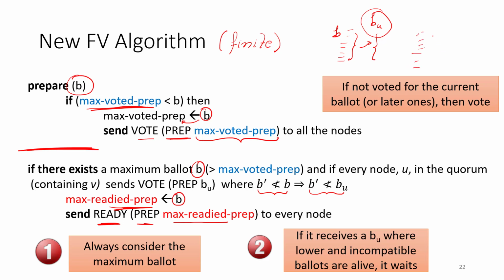Which means if my current round number is 10, I'll not consider any other round number between 1 and 10, but only something which is higher. Furthermore, if I receive a value of BU where lower and incompatible ballots are alive, then it clearly cannot be prepared. So I will wait, right? I will not proceed with this statement over here, but I will wait.